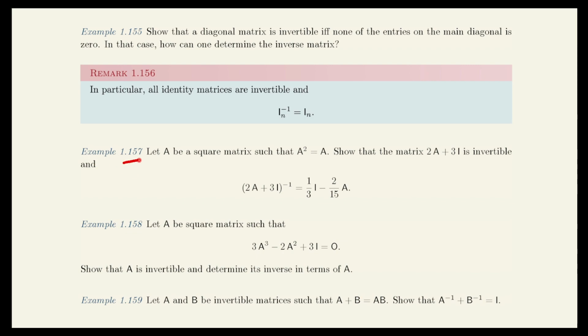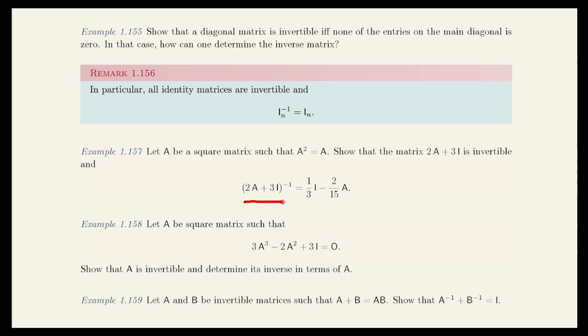So for example, here in example 157, I give you a square matrix. I haven't given you the entries, but I give you that A squared is A, which means it is idempotent. We want to show that 2A plus 3I is invertible. If I just stopped there, I would consider it a really hard problem. But I haven't stopped there.